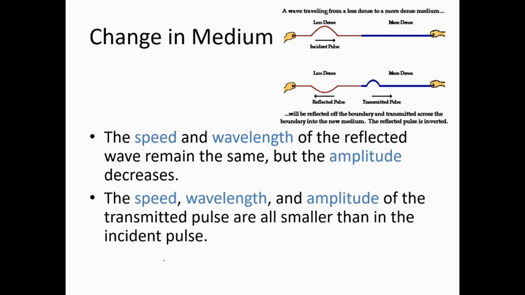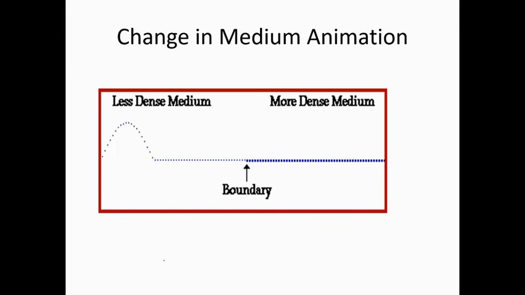Now, the speed and wavelength of the reflected pulse are going to be the same, but the amplitude is going to decrease because energy is associated with the amplitude. The speed, wavelength, and amplitude of the transmitted pulse are all going to be smaller than the incident pulse, or the pulse going in. So here's an animation for that.